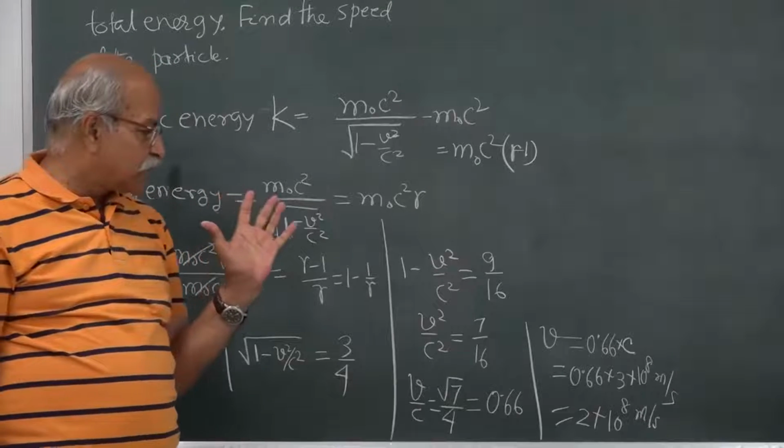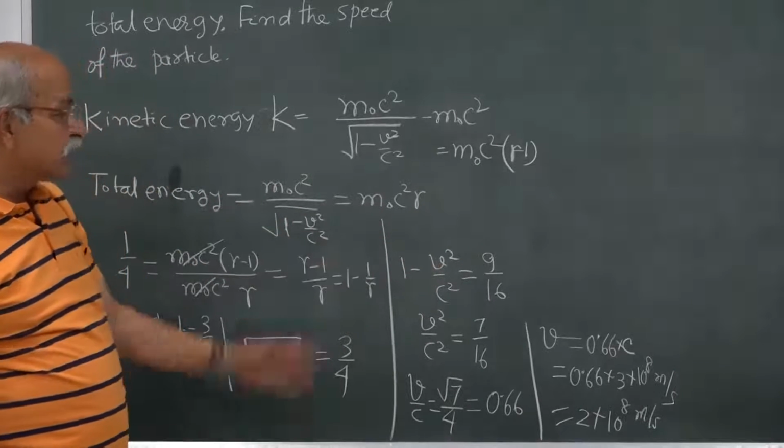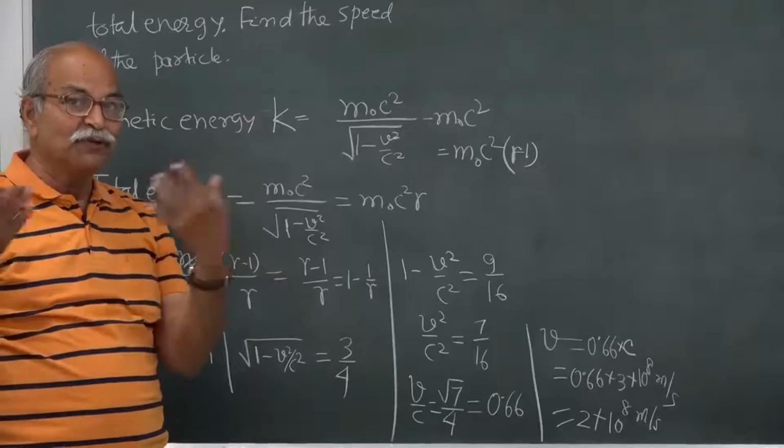So, at 67% or 66% of the speed of light, the kinetic energy will account for 1/4 of the total energy.